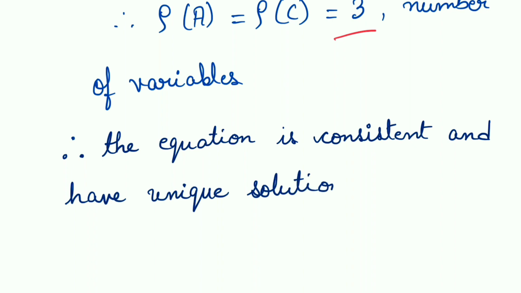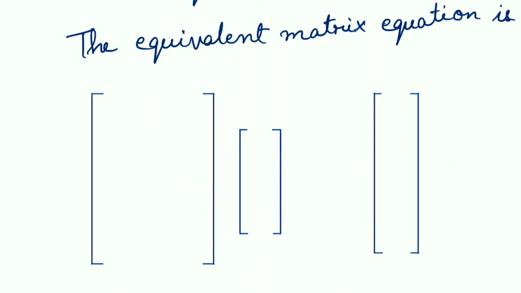So the equation is consistent. We have 3 variables x, y and z, and the rank of the augmented matrix is also 3, and the rank of the coefficient matrix, that is A, is also 3. So if the rank is equal to the number of variables, then the equation is consistent and we have a unique solution, that is only one solution.